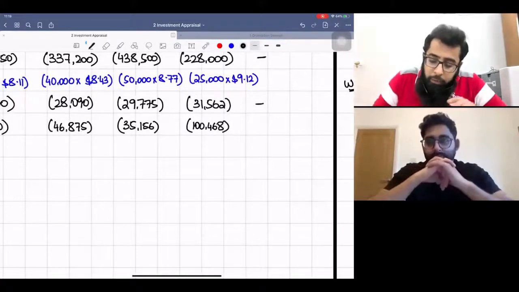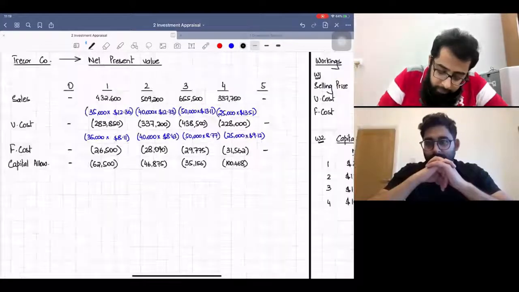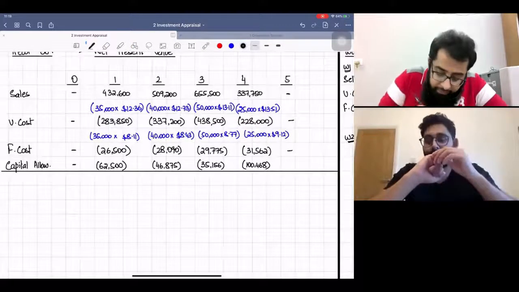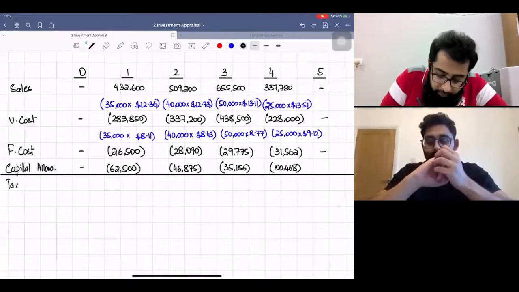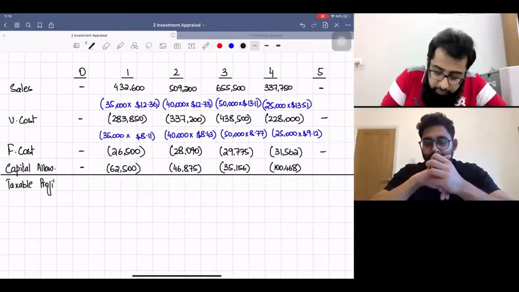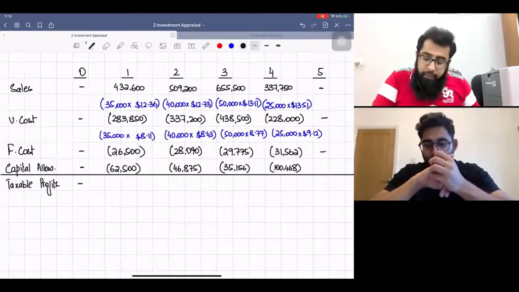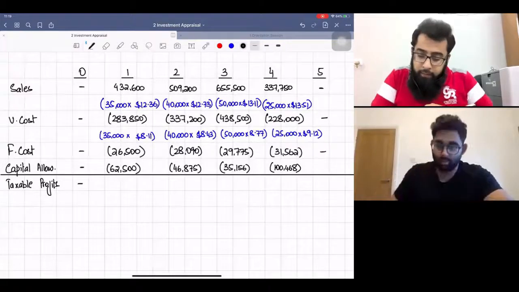Now what I will get is called taxable profits. Since I have deducted the capital allowances, I will call it taxable profits on which I will charge the tax. Okay. So please help me out in calculating it.